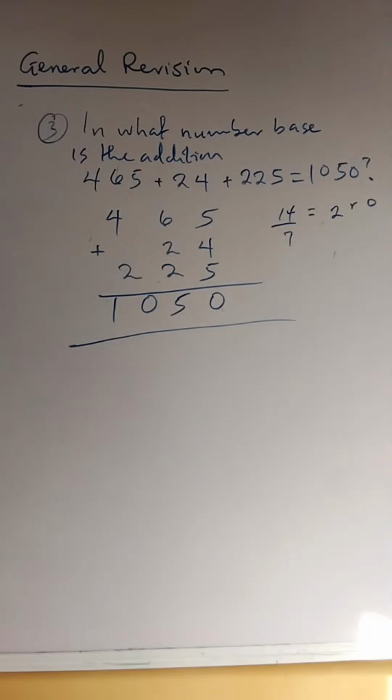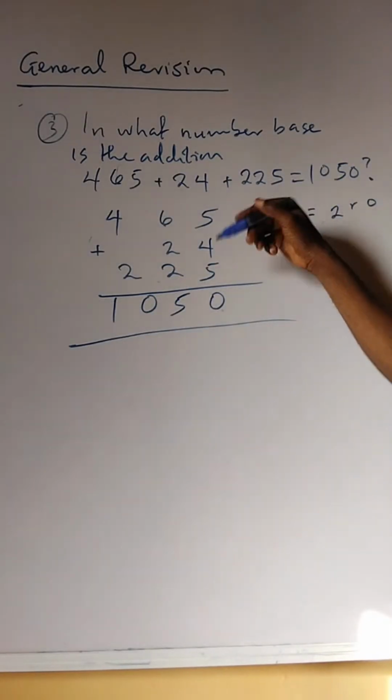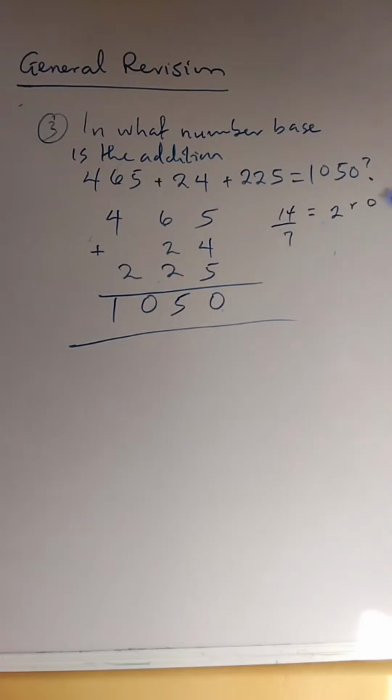Okay. Now, let's test if this 7 is the base. This 2 will be carried to the next one. Don't forget, this is 6 plus 4, 10, plus this 2 we carry. That's 12 now. What number, when we divide it, gives us remainder 5?